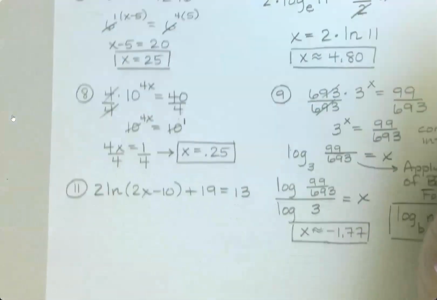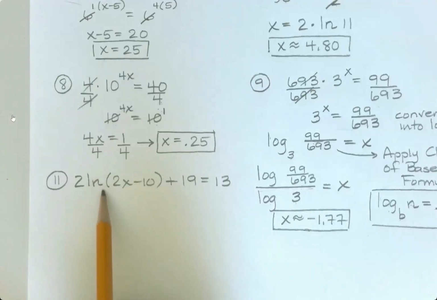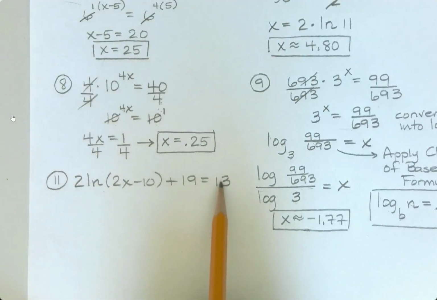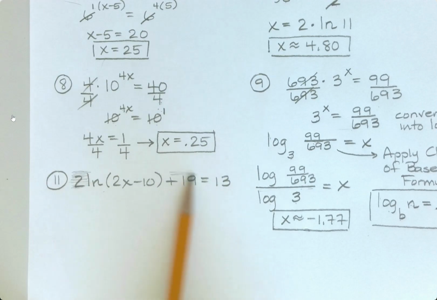That's not the case with this one. So look, here's our log, our base, our number, and then our exponent. So this right here, I'm going to highlight, and this right here are disturbances. We can't just erase them. We've got to undo them.